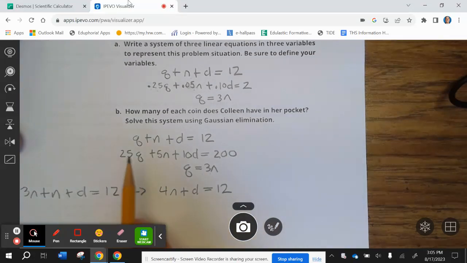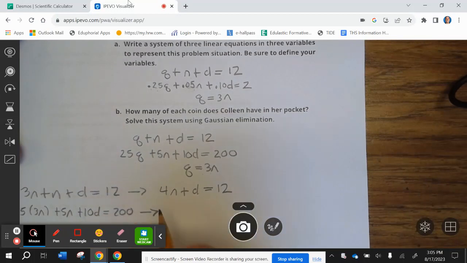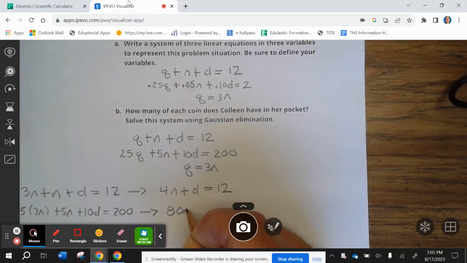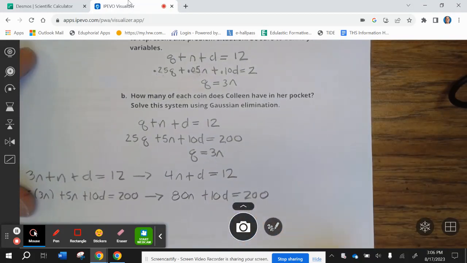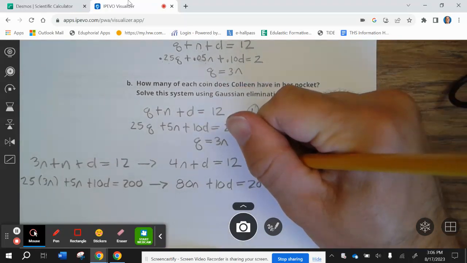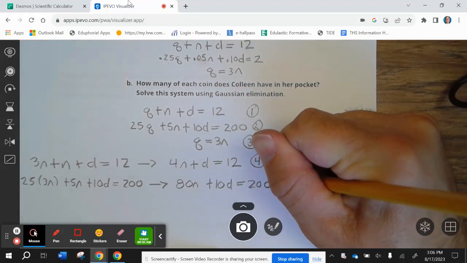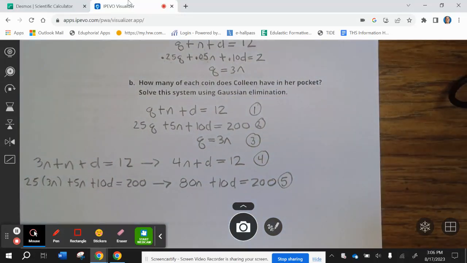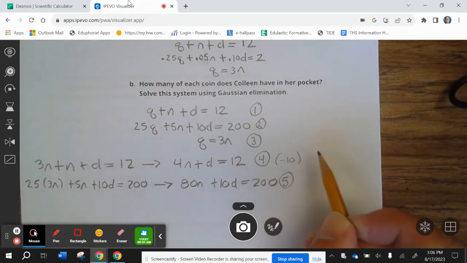Plug this into here, so that's 25 times 3N plus 5N plus 10D equals 200. Well, that's 75 plus 5 is 80, so that's 80N plus 10D equals 200. This was equation 1, this was equation 2, this was equation 3. Now we have equation 4 and 5. The best thing to probably do is multiply 4 by negative 10.